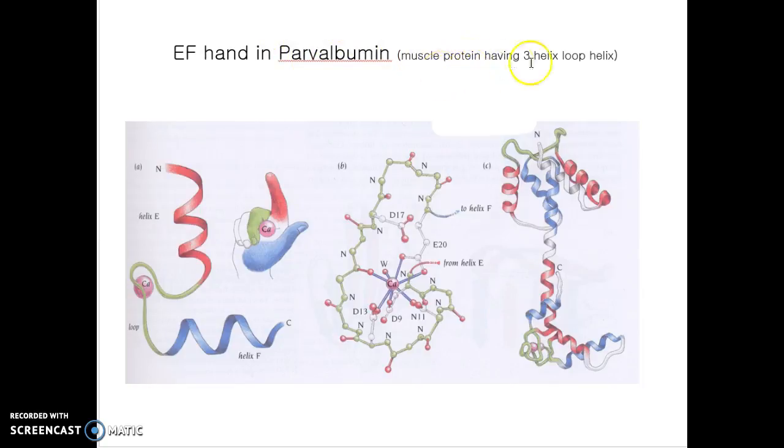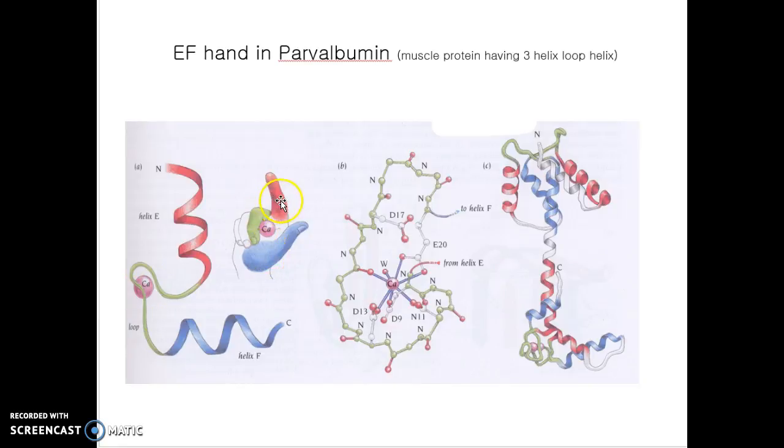This protein has three helix-loop-helix motifs, one of which is called the EF hand. You see, two helices are connected by a loop, where the calcium ion binds.